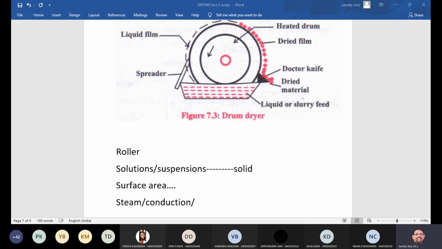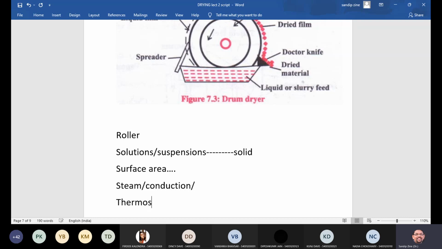The tray dryer was not suitable for thermolabile compounds, so here we can write in advantages that thermosensitive material we can easily dry on this kind of dryer. And obviously it occupies less space, and in order to reduce the temperature of drying, the drum can be enclosed in a vacuum chamber. Not needed, but if you have to reduce the temperature of drying, we can use vacuum here.